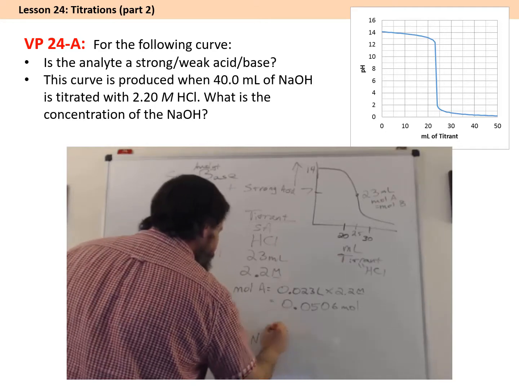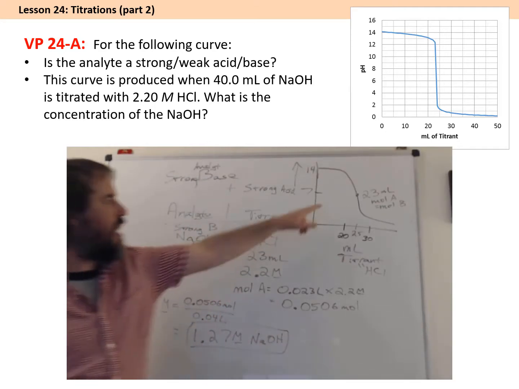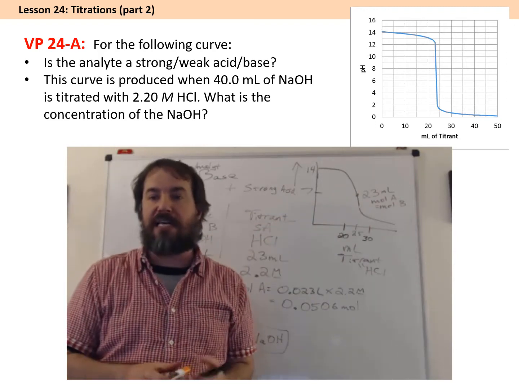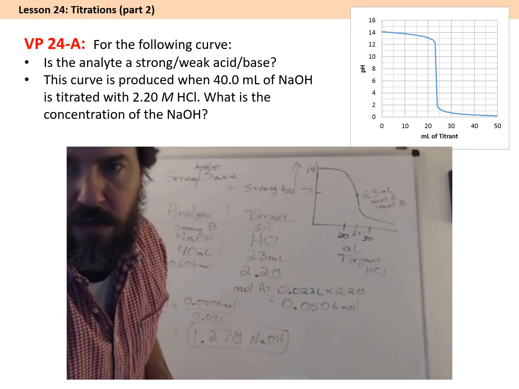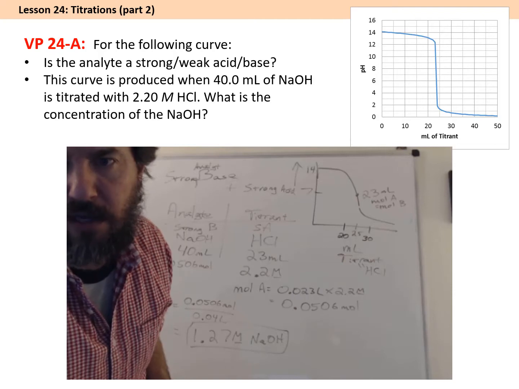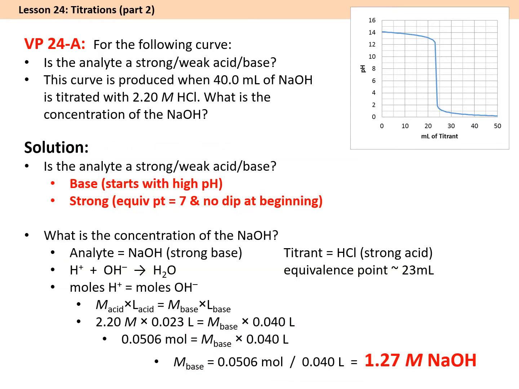So I use the fact that at that equivalence point, moles acid equals moles base. There it is on the screen. We start off by figuring out what it is. If we don't know what my analyte is, what my titrant is, it's hard to do anything else. And then I use that equivalence point.